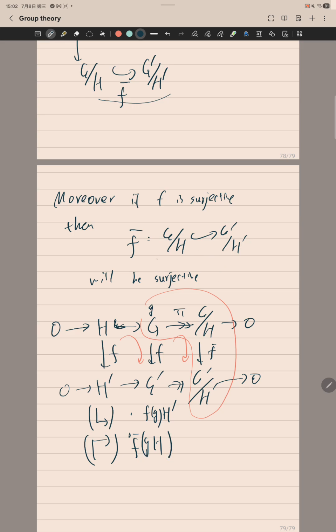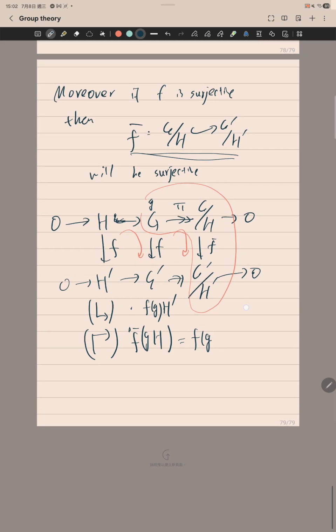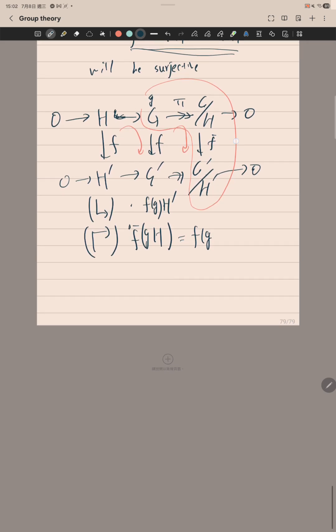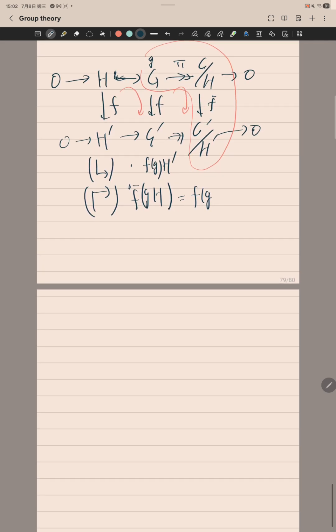Remember, what we construct is using the isomorphism theorem. So f bar defined on gH is the same as defined by f(g). Probably you already forgot, but let me recall the first isomorphism theorem.